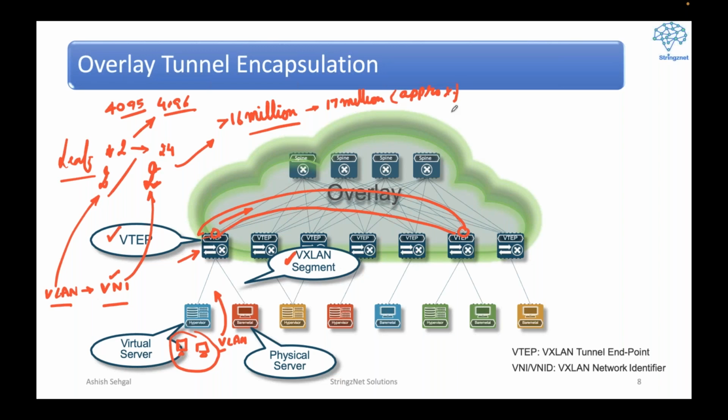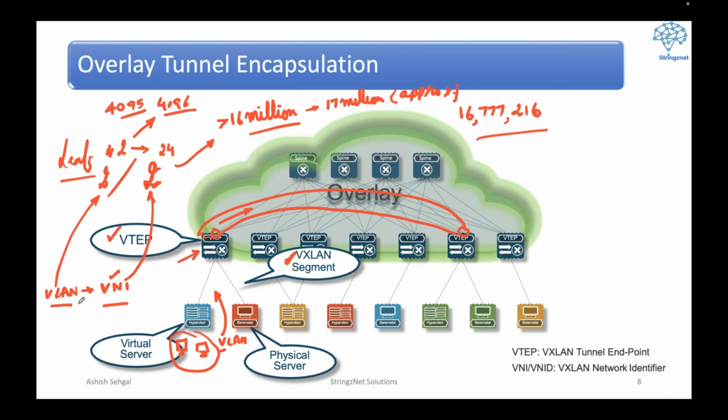And if you make a real calculation, this comes out to be 16,777,216 IDs. Quite a humongous number, isn't it?